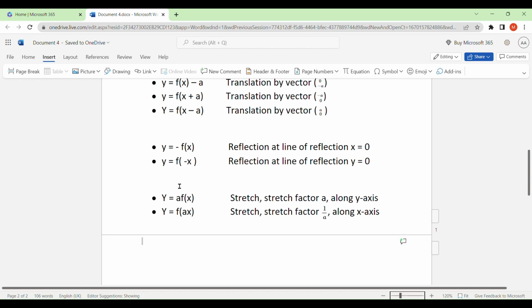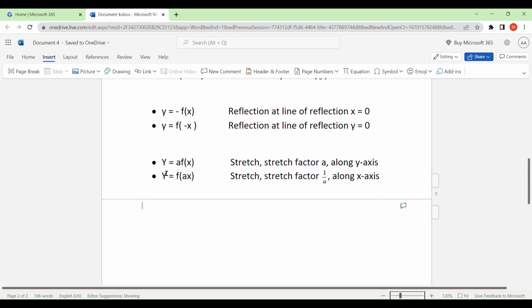And in the second case, y is equal to f(minus x), the x coordinates are changing, hence the line of reflection is y is equal to 0. Moving on to stretch, y is equal to af(x). So the stretch factor is a, and the y-coordinates are changing along the y-axis.